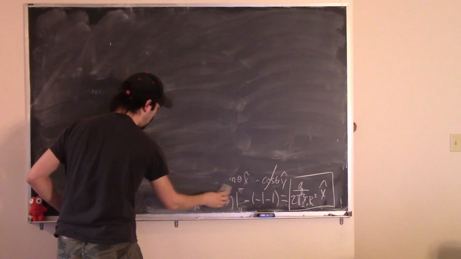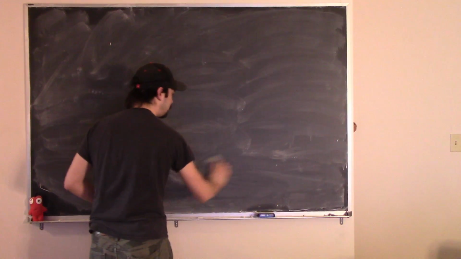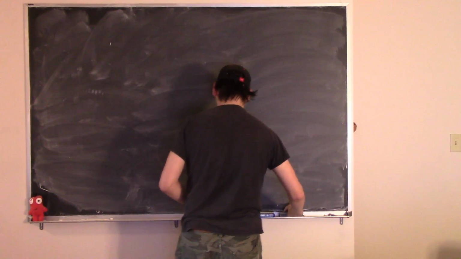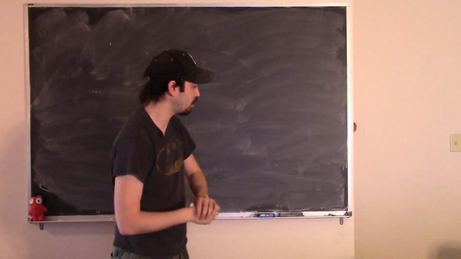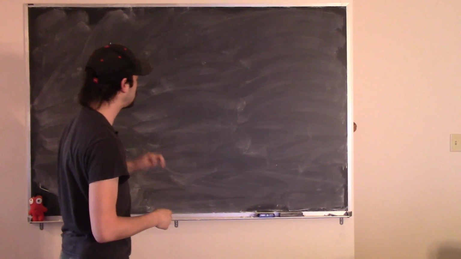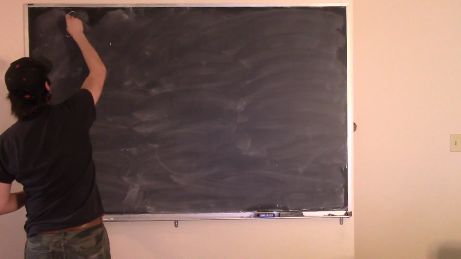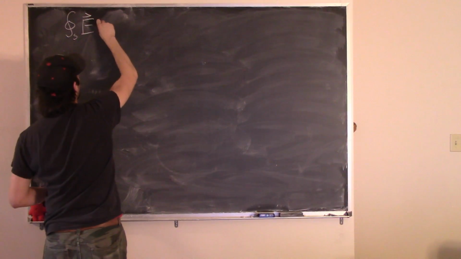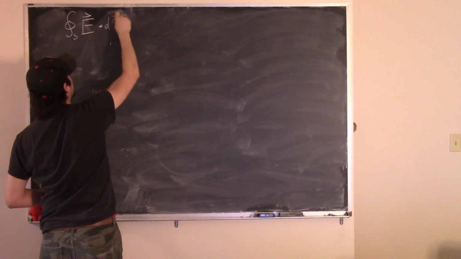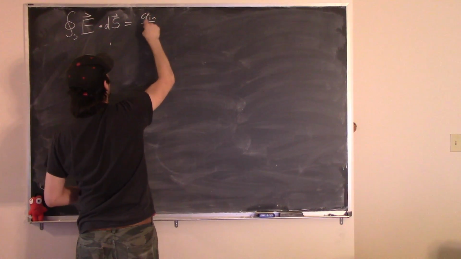And so what that boils down to is applying Gauss's law and finding what the flux is through all of the surfaces of the cube, and then saying that the flux that goes out of that cube is going to be equal to q divided by epsilon naught. And so that's to say Gauss's law just says that the integral over some closed surface of E dot dA is going to be equal to q enclosed divided by epsilon naught.